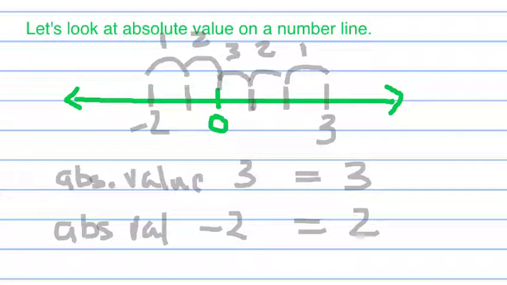So that's how we look on a number line, trying to figure out the absolute value of a number. Okay, absolute value symbols are the vertical lines. And what we do is we put the number inside the vertical lines. So we're going to look at the example on your worksheet where I have the absolute value of negative 8 inside vertical lines.